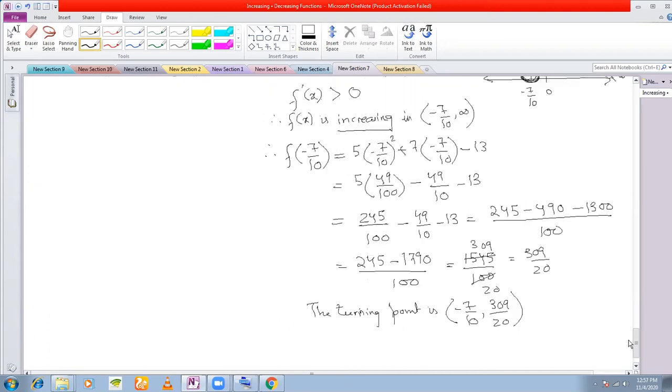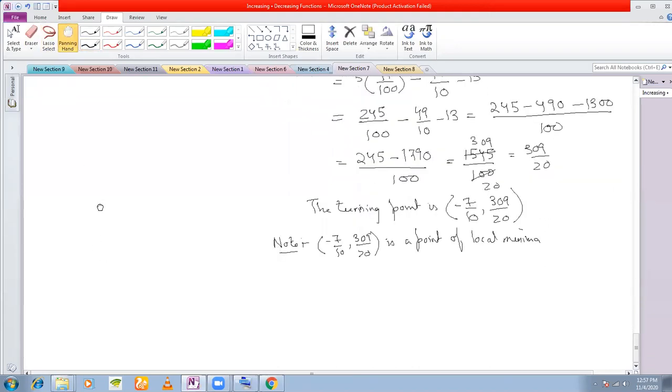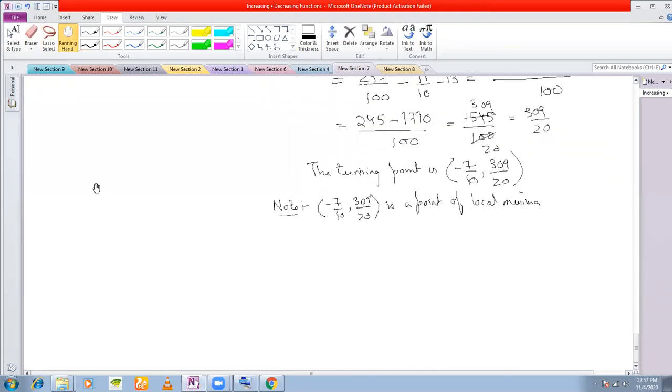So what you can note here is minus 7 by 10, 309 by 20 is a point of local minima. Clear or not? Okay, so now let's see this concept.